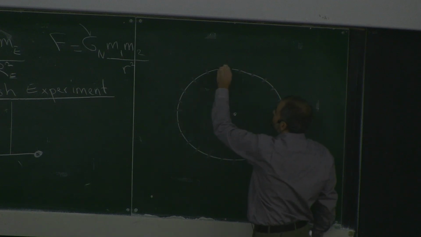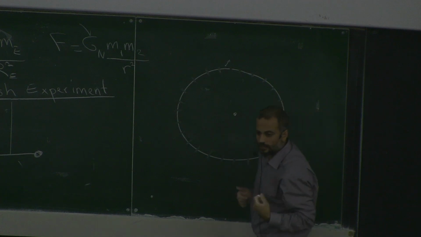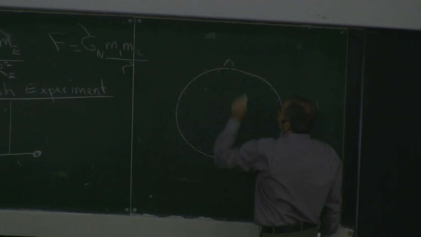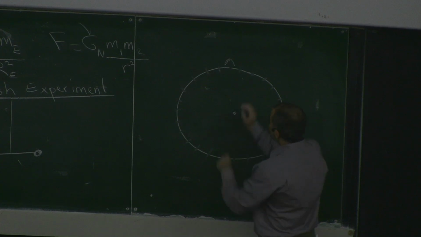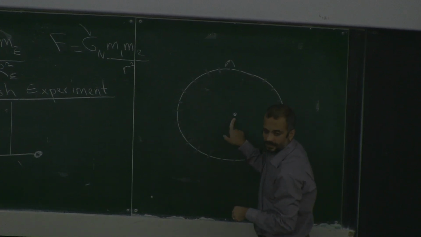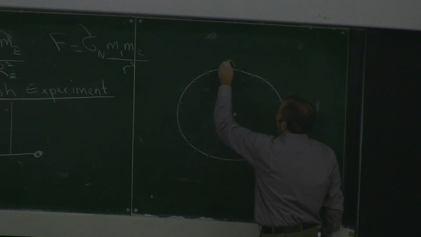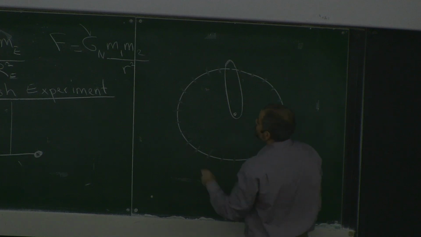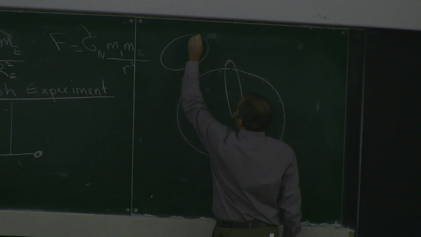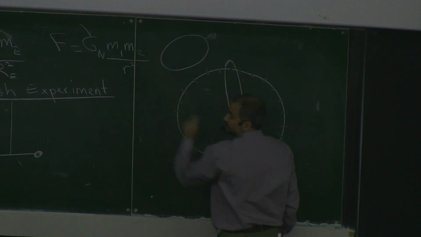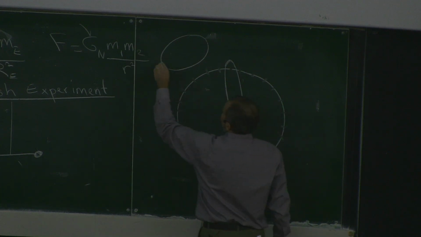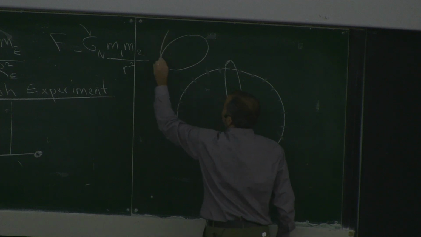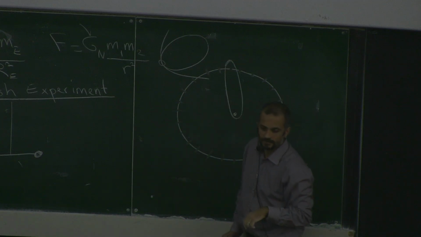If we threw it with some initial velocity, what we observe is a motion which is almost a parabola. If the Earth was just a point at its center, its trajectory would have been such an ellipse. Now, if you take any ellipse, the tip of the ellipse is almost a parabola. So a parabola would look like this. And you see very close to this tip, it is almost an ellipse. They are the same.